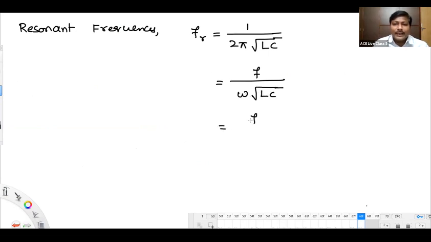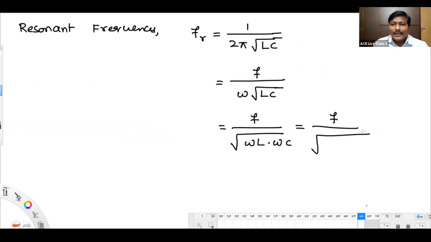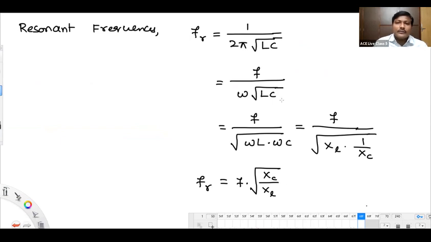So it will be f by the square root of omega L into omega C. Omega L is nothing but XL, and omega C is 1 by XC. So it comes to f into the square root of XC by XL. This is the resonant frequency formula: resonant frequency equals f into root of XC by XL.